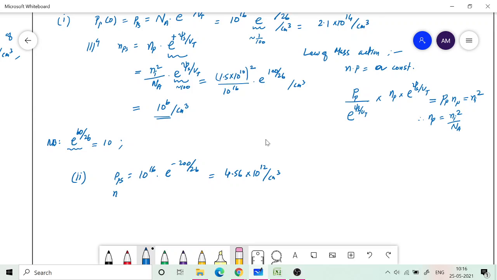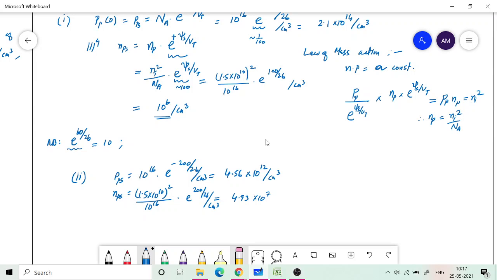Similarly NPS, if you calculate, is 1.5 into 10 raised to 10 whole square divided by 10 raised to 16 into e raised to 200 by 26. Everything is per centimeter cube. You will get 4.93 into 10 raised to 7.